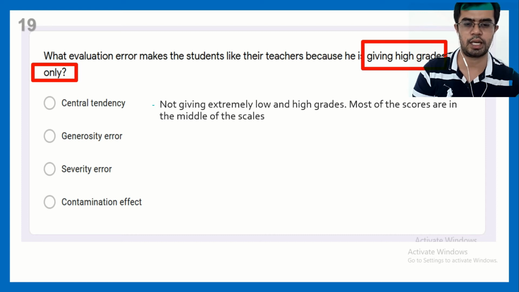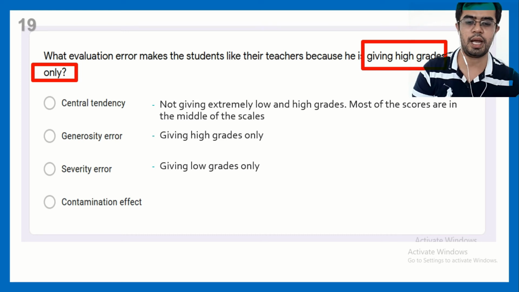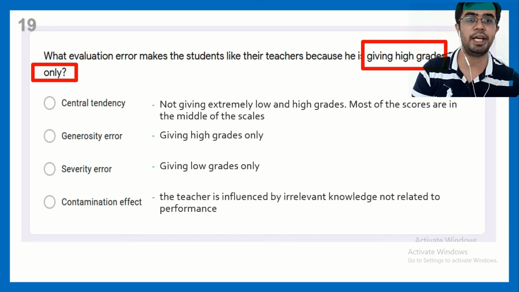Most of the scores are in the middle of the scales. Generosity error, meaning giving high grades only. Severity error, giving low grades only. Contamination effect, the teacher is influenced by irrelevant knowledge not related to the performance. So the correct answer of number 19 is generosity error.